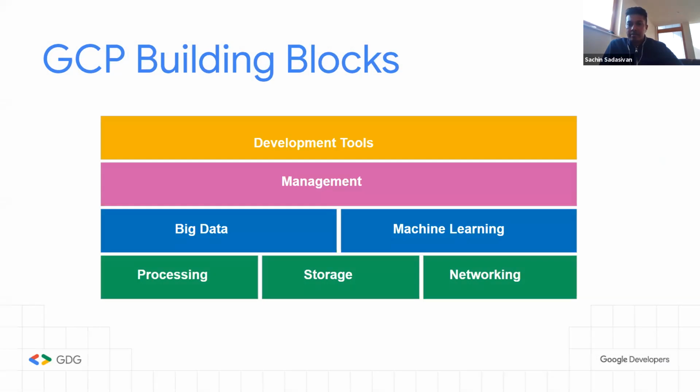These stacks are abstracted from the end user using the management layer, and on top of the management or API layer, there are various development tools and interfaces using which we can interact with these underlying resources. We are going to see a few of those now.